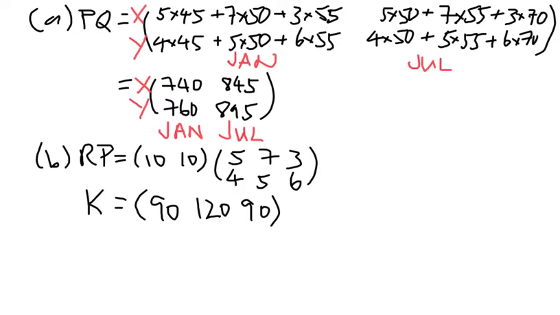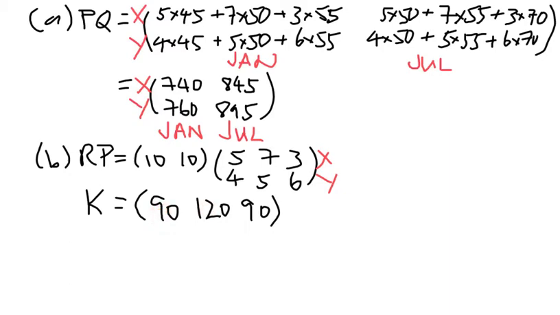They've told you what K means already: the number of fruits of each type needed to make 10 glasses of X and 10 glasses of Y. We see that at work because we did 10 times 5, so that's 50 apples, and 10 times 4, 40 apples, for juice X and juice Y. So I needed 50 plus 40 apples to make 10 glasses of X and Y, and we added them together to get 90. So this is 90 apples to make 10 glasses of X and 10 glasses of Y.